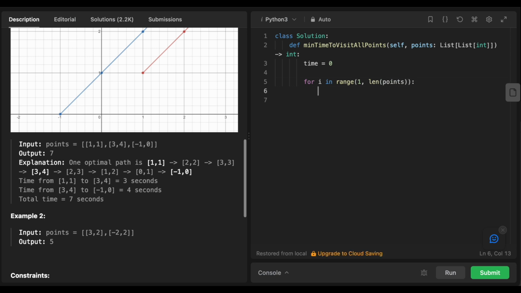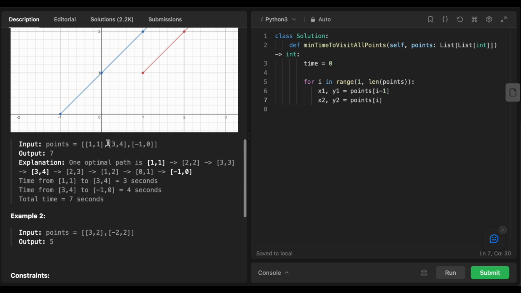Okay, so x1, y1 will be the first points. So i minus 1, since we're starting at 1, we're going to include these 2. And then x2, y2 is where we're trying to go, so that's i. So at the 0th index is where we're starting from, at i is where we're trying to go.